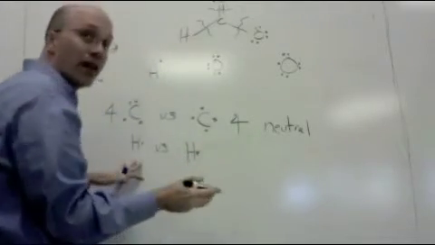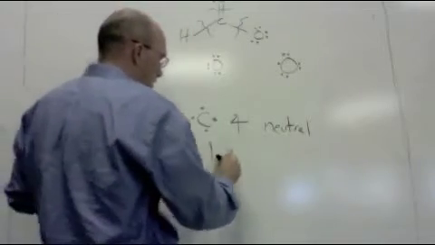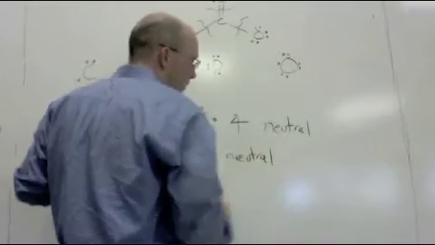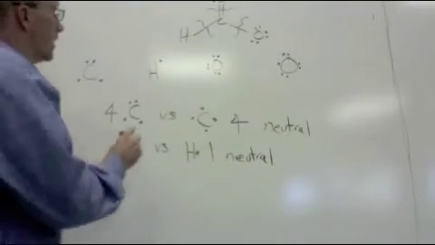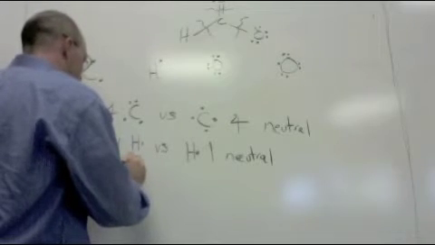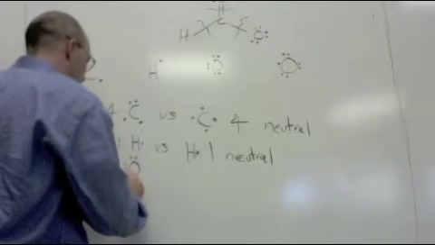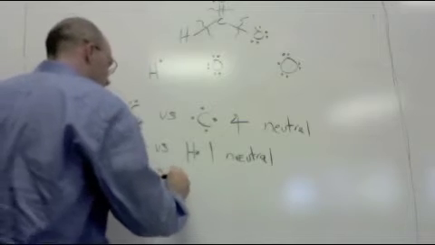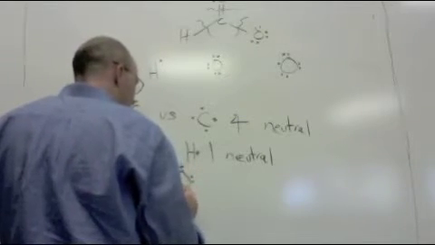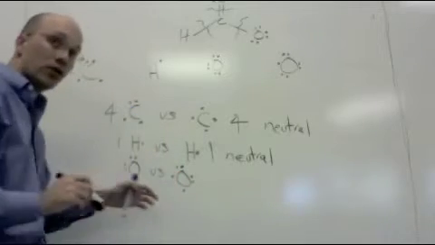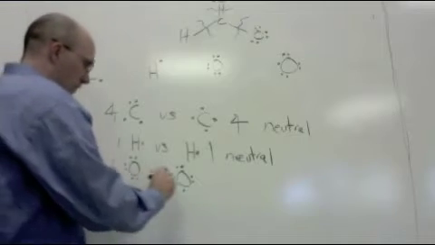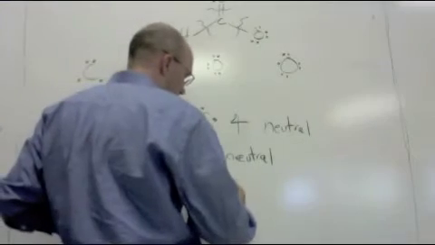Neutral hydrogen's got that. 1 versus 1. Neutral. Okay. This oxygen here. Okay, a neutral oxygen. A neutral oxygen has 6 electrons, right? Okay, 6 versus 6, neutral.